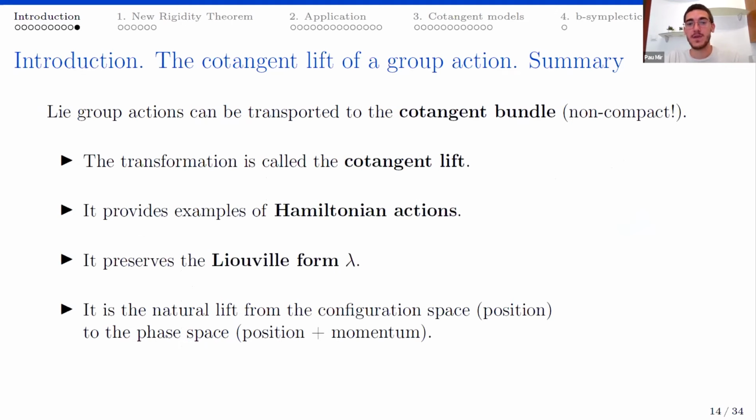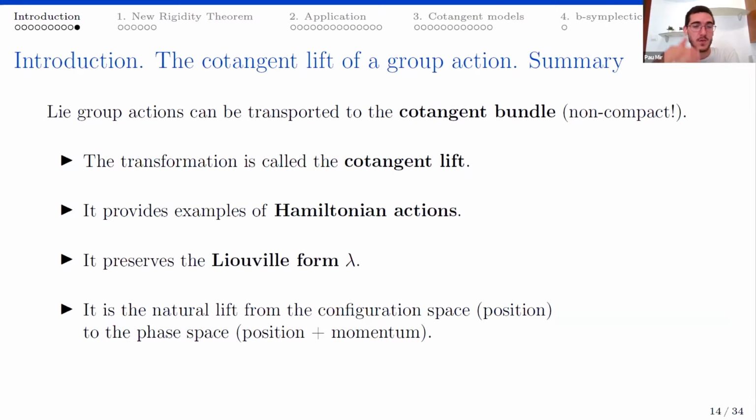It provides examples of Hamiltonian actions, as in the example we have just seen of the rotation of a rigid solid. The cotangent lift is a transformation that preserves the Liouville one-form. So it's a really interesting property, because automatically, if it preserves the Liouville one-form, it also, in general, preserves the symplectic form.